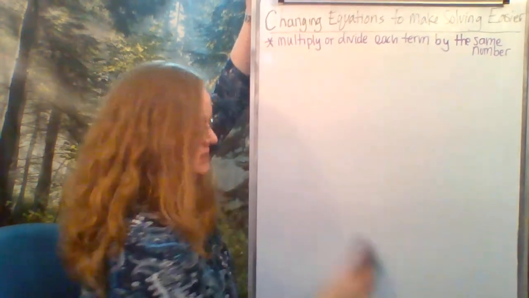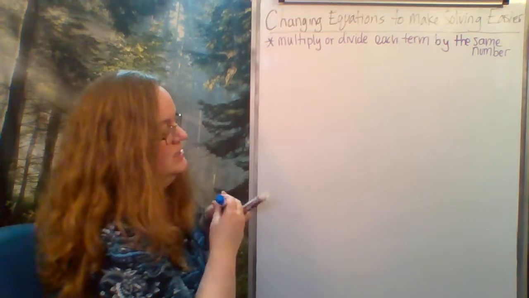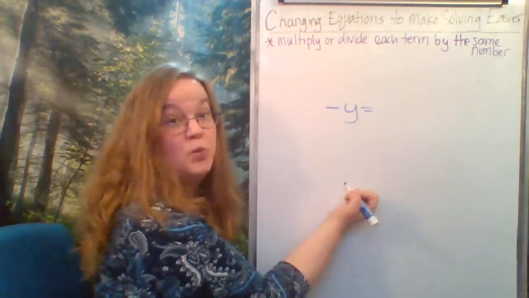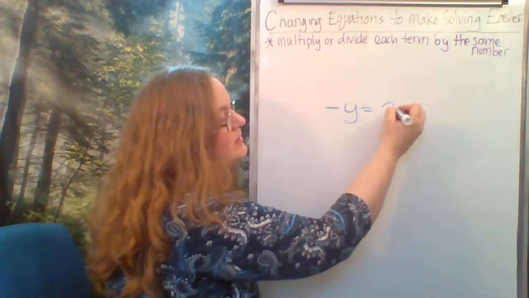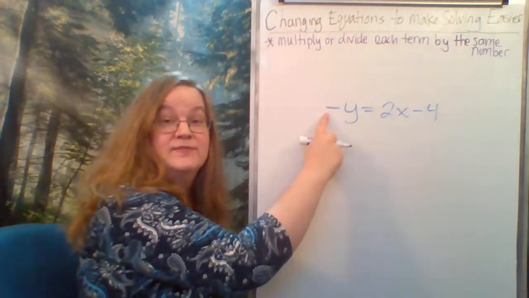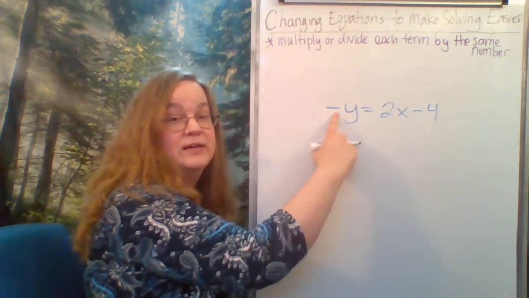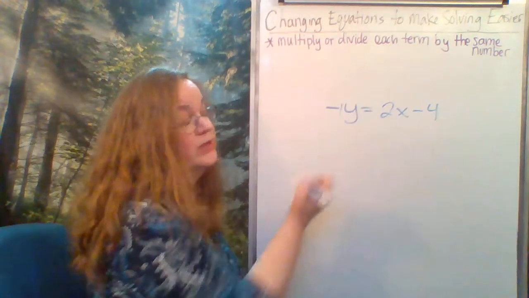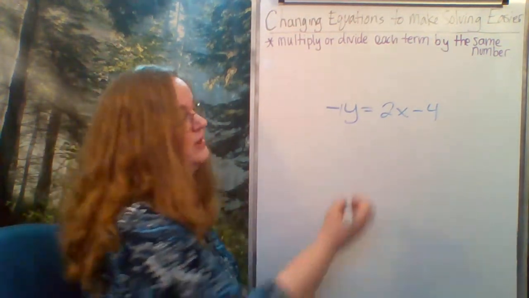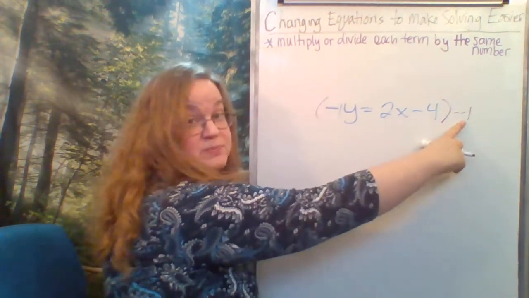We've looked at this previously when you solved and ended up with negative y equals something. You're not allowed to have that negative coefficient. So if I'm solving for y, I can't leave that negative. It's like negative 1. So what do I do? Well, I can multiply or divide through by negative 1, and it doesn't matter which one I do, but it just flips everybody's sign.